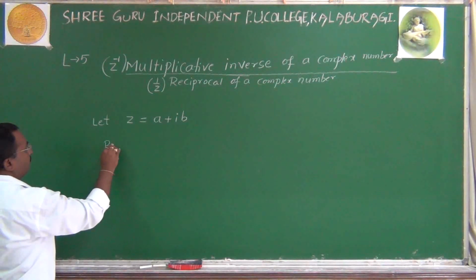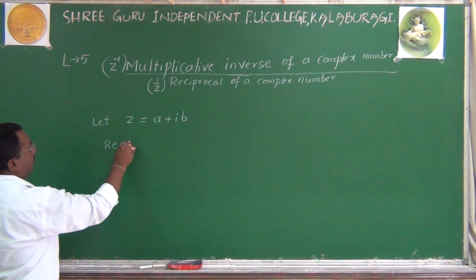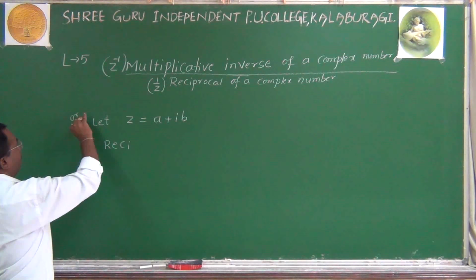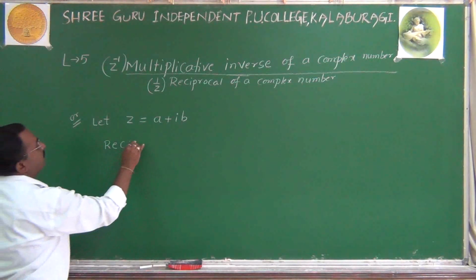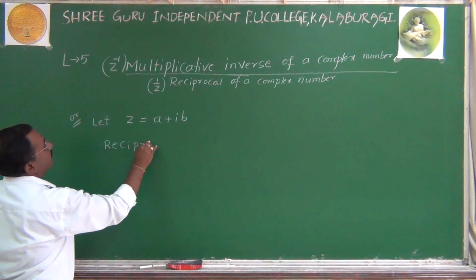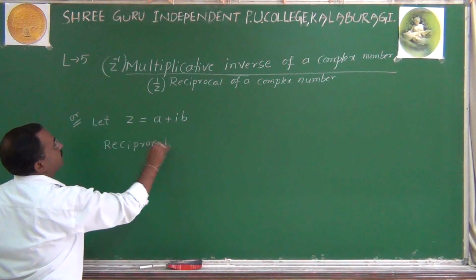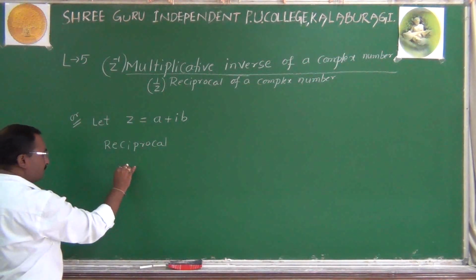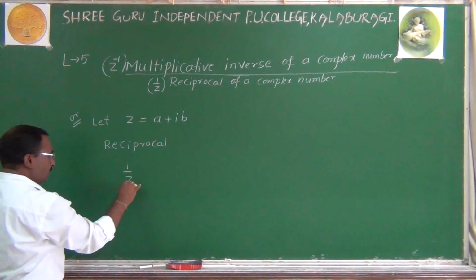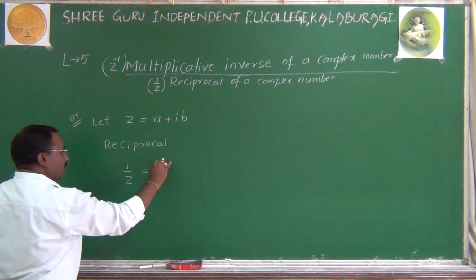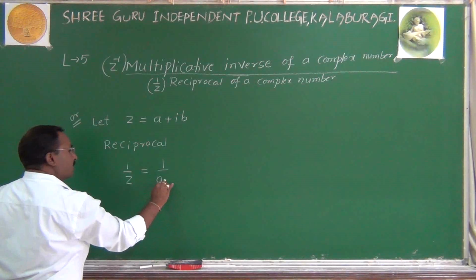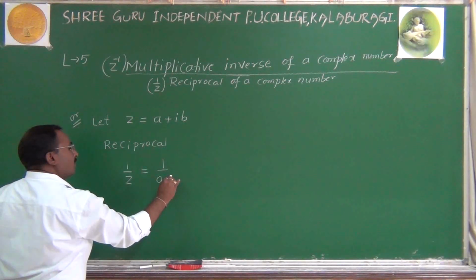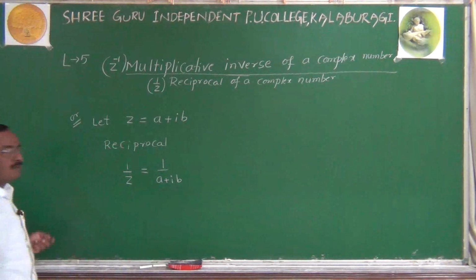Reciprocal, another method. Z becomes 1 by z, which is equal to 1 by a plus ib form.